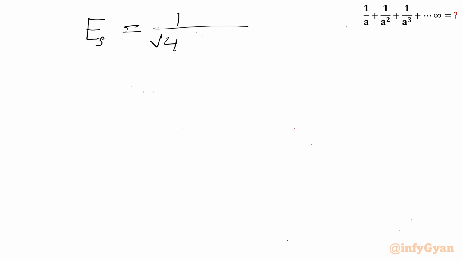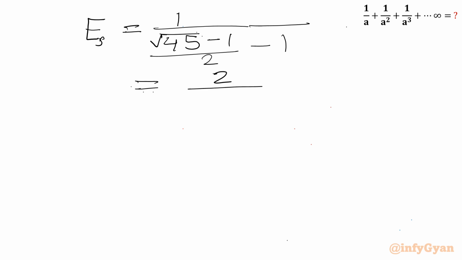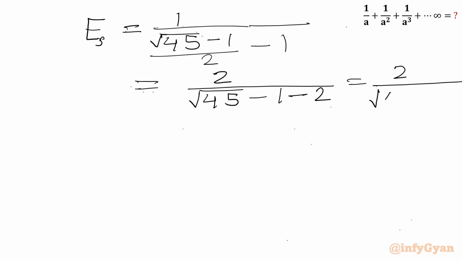So root 45 minus 1 over 2 minus 1. I can write 2 over root 45 minus 1 minus 2. So I can write 2 over root 45 minus 3.